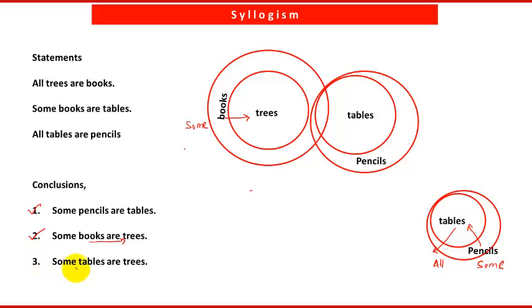Now check the third conclusion. Some tables are trees. Now here the tables and trees have no direct connection, and pencils and trees too do not have direct correlation. But that possibility cannot be avoided.